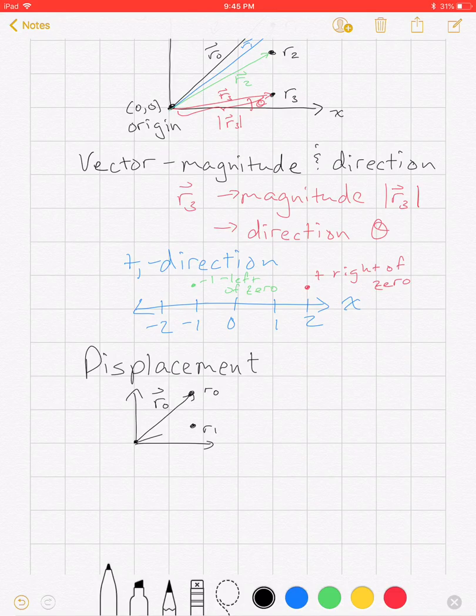R1 is over here, so this vector is called R1 arrow. Then we have a difference between these two, going from our initial point to our second point. This we denote by delta R, so that's the change in position, because remember delta means change in and R means position. This is called a displacement vector.